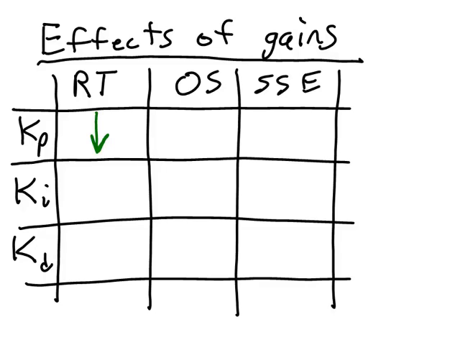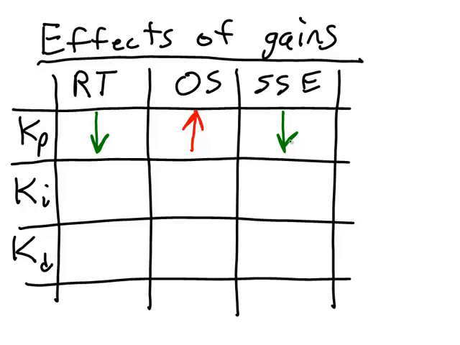Increasing KP also has the negative effect of increasing overshoot. So I'll draw a red arrow pointing up for this one. Finally, increasing KP also decreases the steady state error, which is a good thing, so I'll draw a down arrow in green, representing the good effect of decreasing steady state error.